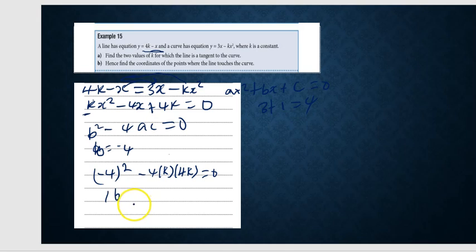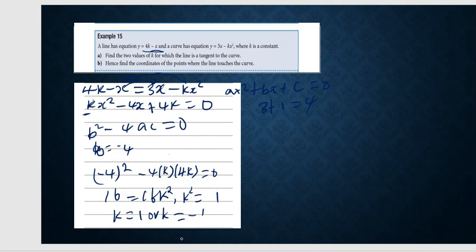So we have 16 equal to 16k squared. Alright, so k squared is simply 1, where k is going to be 1 or k is going to be negative 1.